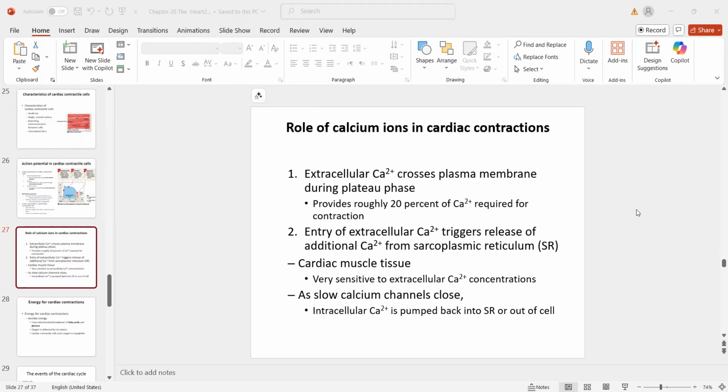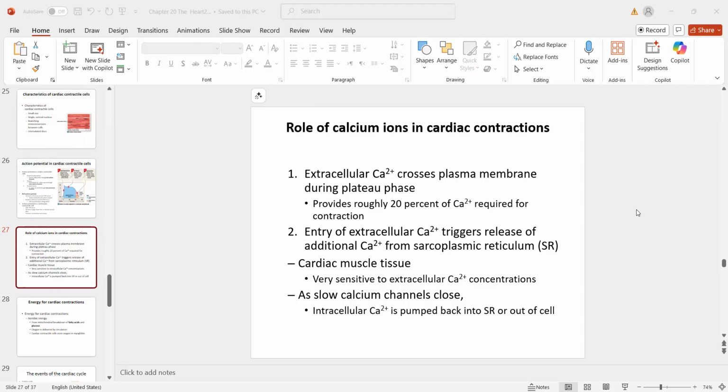The arrival of extracellular calcium ions triggers the release of additional calcium ions from reserves in the sarcoplasmic reticulum. Extracellular calcium ions thus have both direct and indirect effects on cardiac contractile cell contraction.